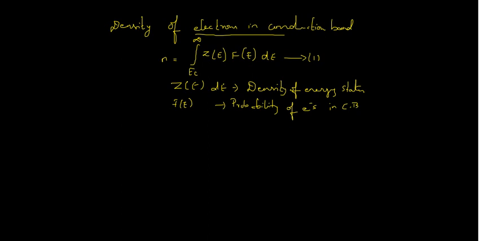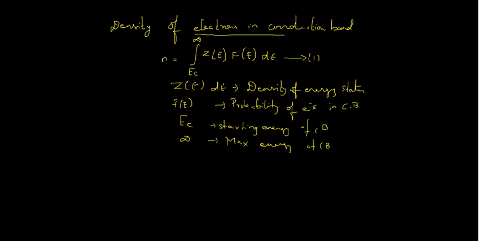And EC, you know, is the starting energy of the conduction band, and infinity is the maximum energy of CB. So this is the equation.